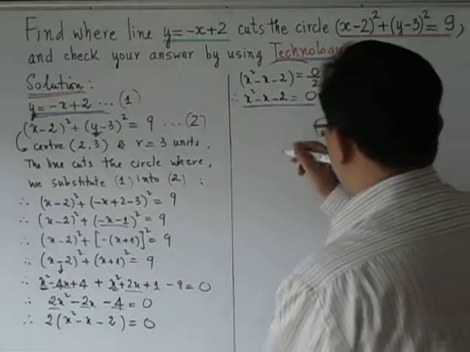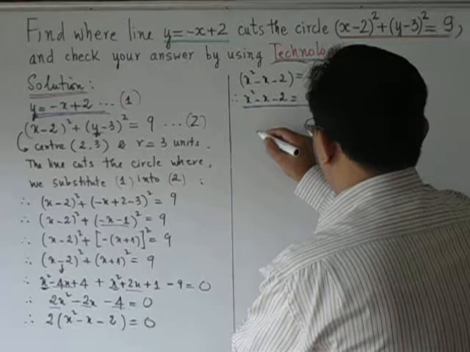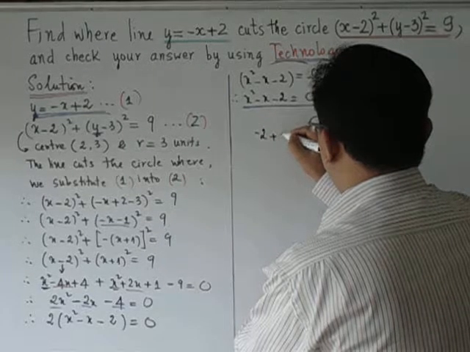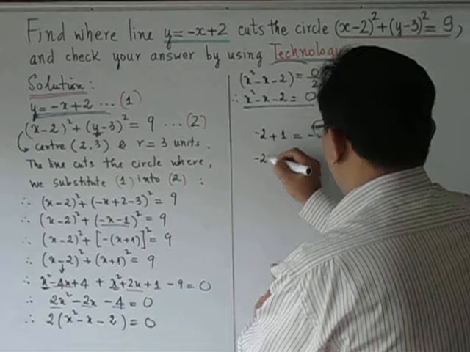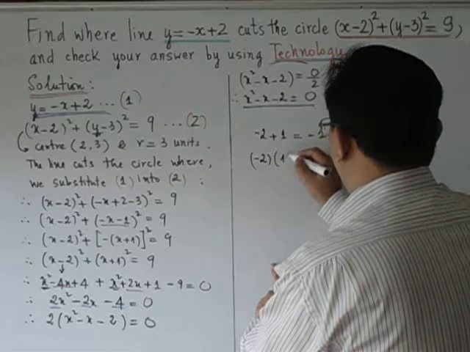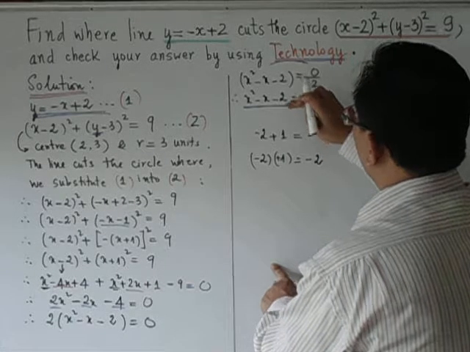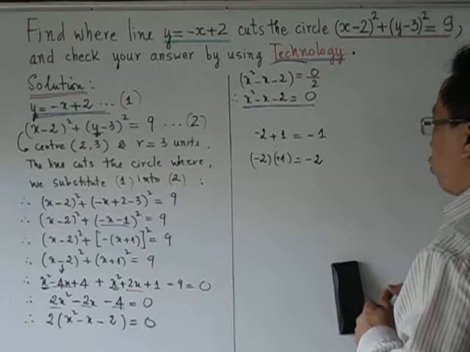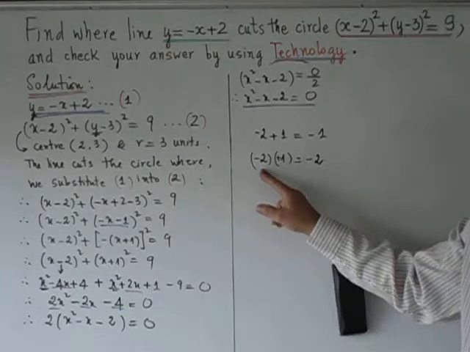So we can see the two numbers are minus 2 plus 1 gives us minus 1, and minus 2 times plus 1 gives us minus 2. So the two numbers are plus 1 and negative 2.